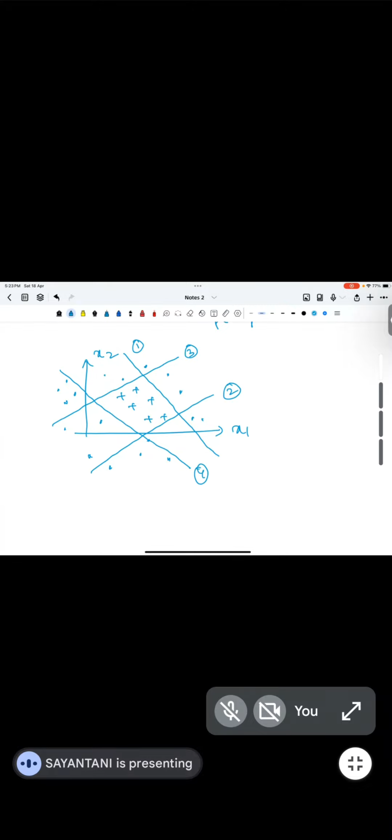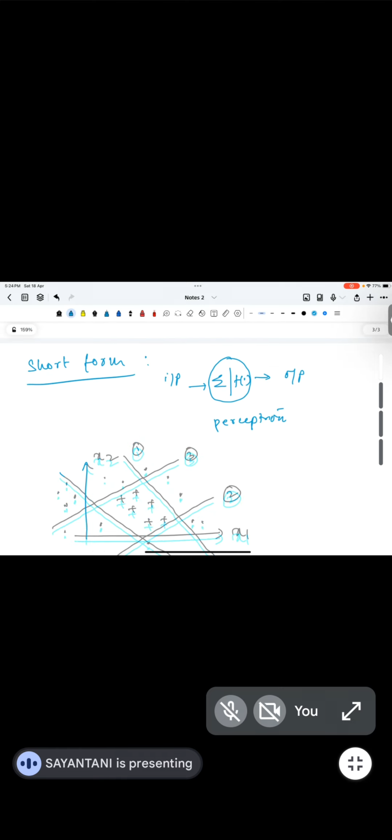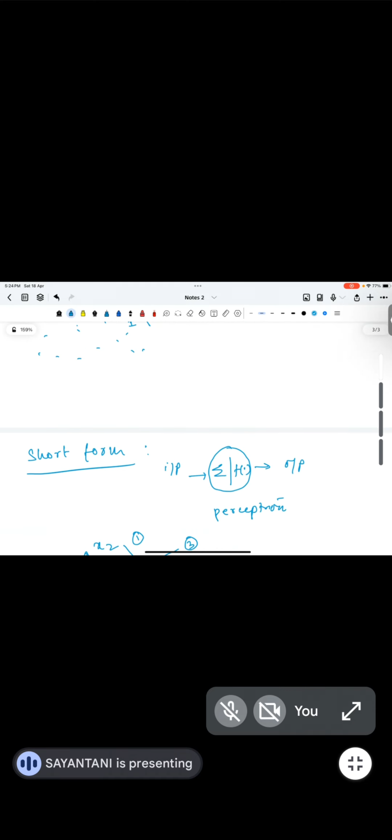This is number 4. So by drawing 4 lines, we can finally separate out two different classes. But this separation is very complicated. We are going to design this complexity using a perceptron, but not via a single perceptron, because a single perceptron can only separate out two regions, as we have seen earlier.